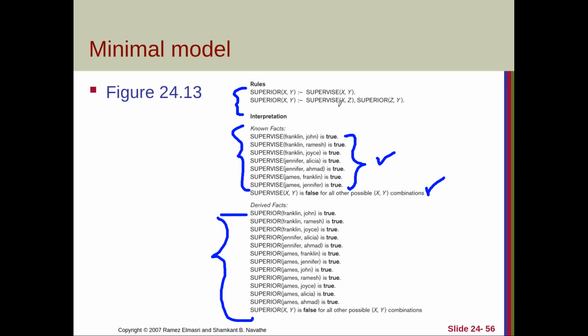It is based on these two rules. Similarly, we are forming a number of other derived true facts, and we finally conclude that all other combinations of xy with superior of x comma y will be false.